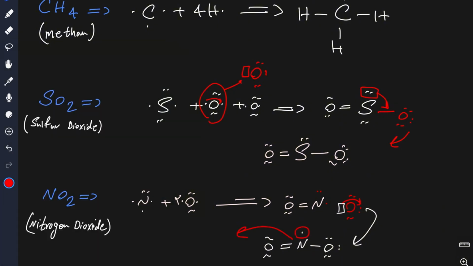This nitrogen doesn't have an octet form. It means this nitrogen doesn't have an octet, 8 electrons.